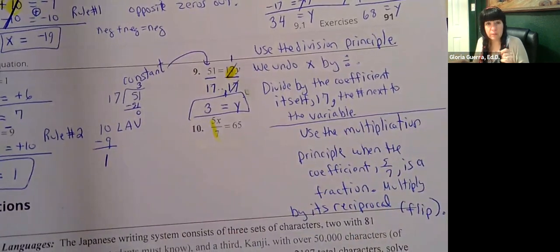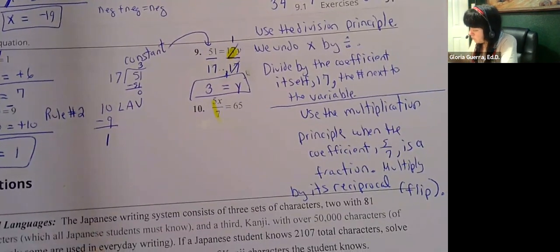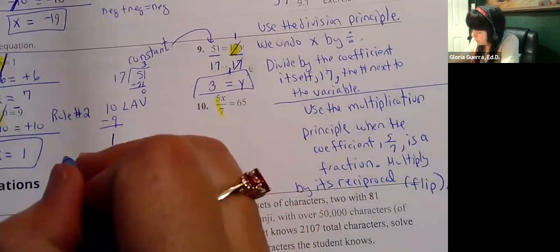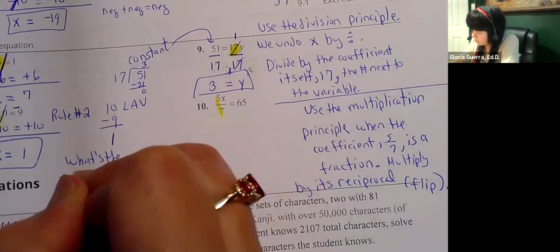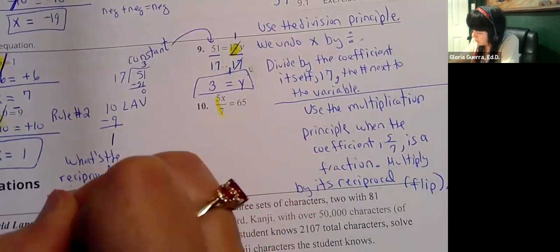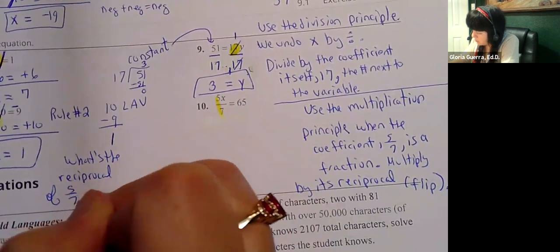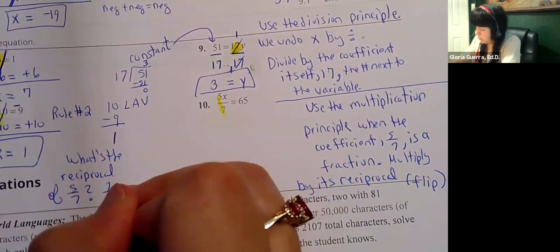Multiply by its reciprocal. In other words, they say loosely, like, flip. So if I ask the question, what's the reciprocal of 5/7? You would say 7/5.